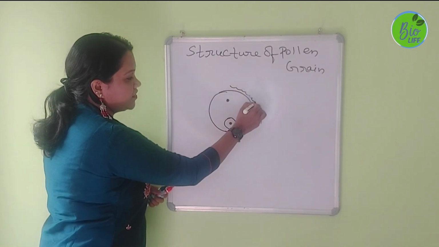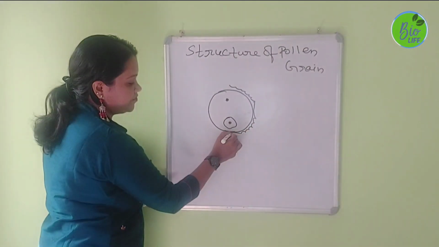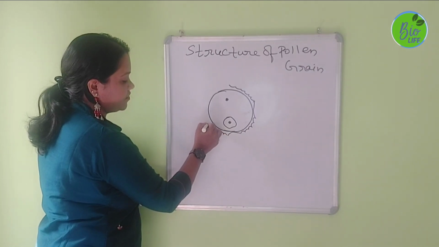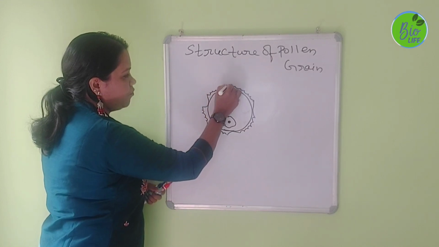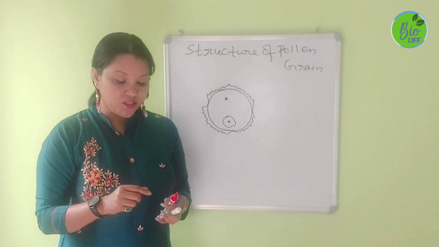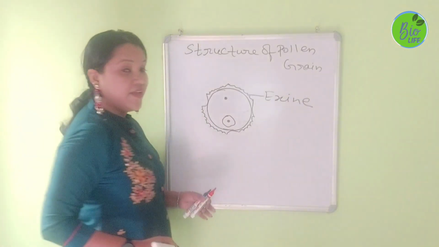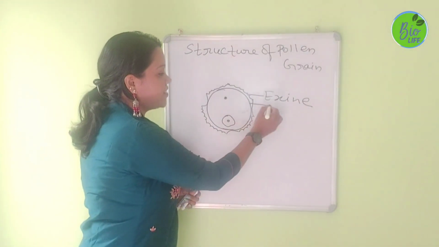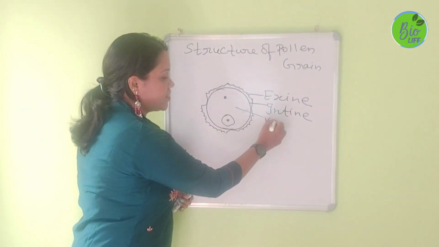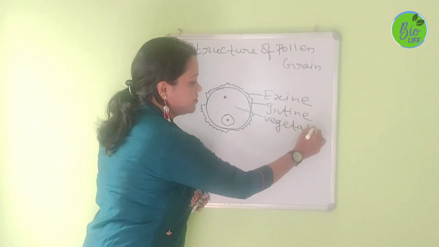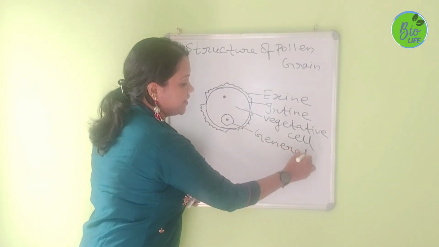Here we can see the outer covering of the pollen grain, which is called the exine. The inner covering is called the intine. Inside that, the larger cell is the vegetative cell, and the smaller one is the generative cell.